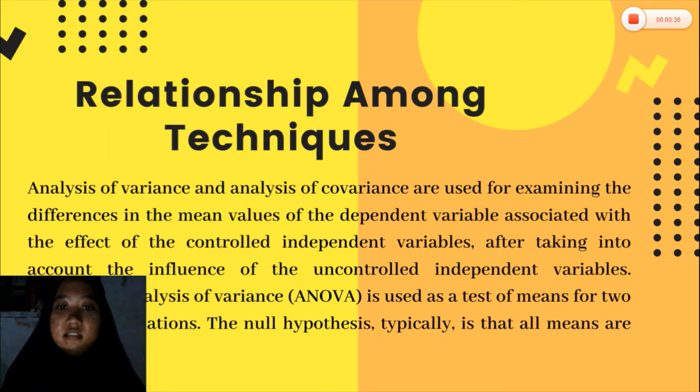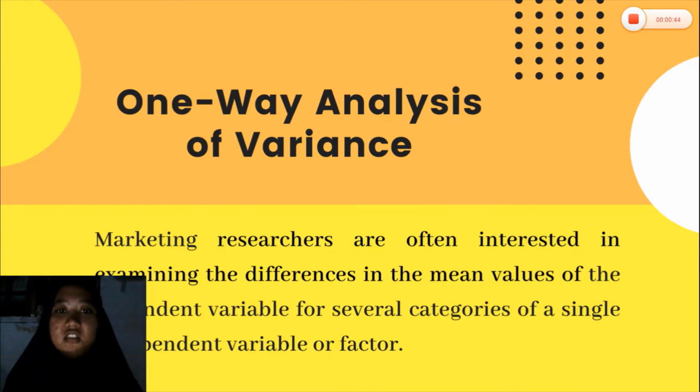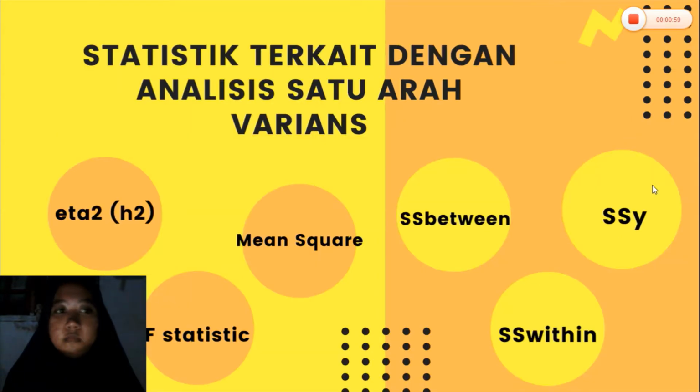One-way analysis of variance. Marketing researchers are often interested in examining the difference in the mean values of the dependent variable for several categories of a single independent variable or factor. Statistics associated with one-way analysis of variance: eta squared, mean square, SS between, SSY, F statistic, SS within.